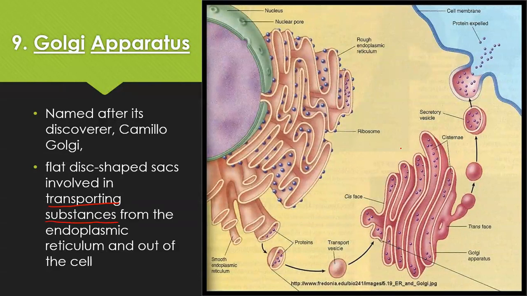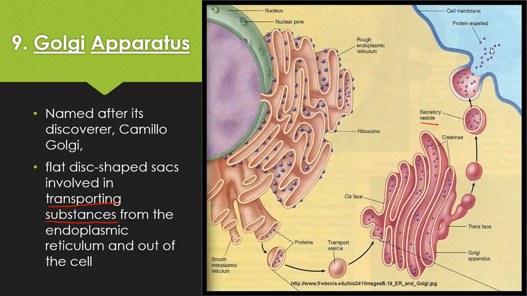What they do is they form vesicles. Okay, so substances are found inside the Golgi bodies or the Golgi apparatus, different name, same thing. These substances are packaged in these little bubbles, and these little bubbles are called vesicles. And then the vesicles can be transported around the cell, and then sometimes their contents are even dumped outside of the cell.